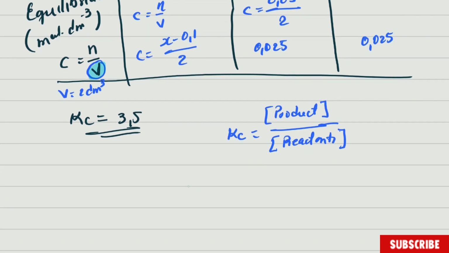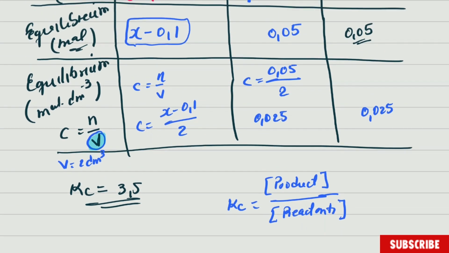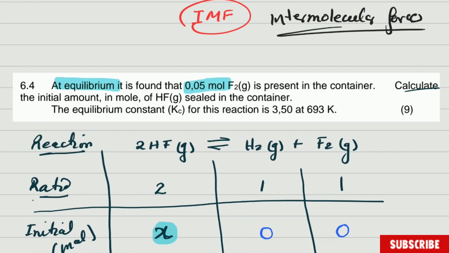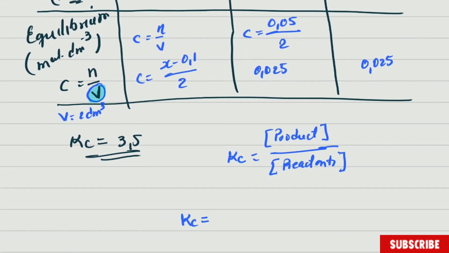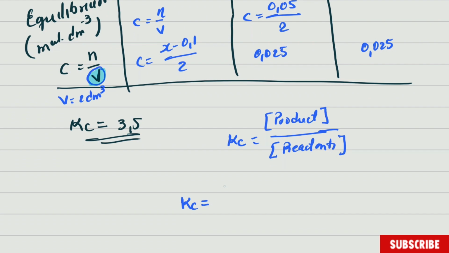So the expression for this question will be Kc equal to, let's go to the chemical reaction. The products are F2 and H2 with no coefficients at the front. So it is the concentration of H2 multiplied by the concentration of F2, and then divided by the concentration of the reactant.